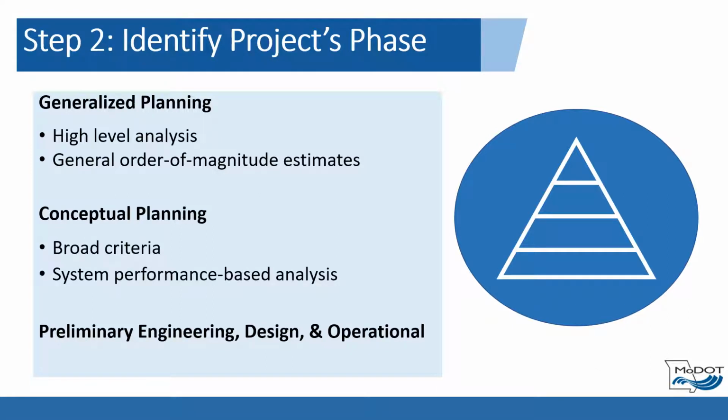The conceptual planning phase uses broad criteria and is a system performance-based analysis on geometric and physical capacity constraints and operational systems, such as traffic control and land use. The preliminary engineering, design, and operational phase uses detailed system performance-based analysis on individual user interactions, geometry, and operational elements.